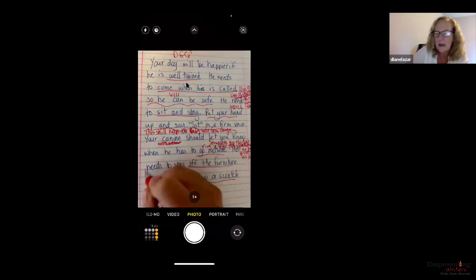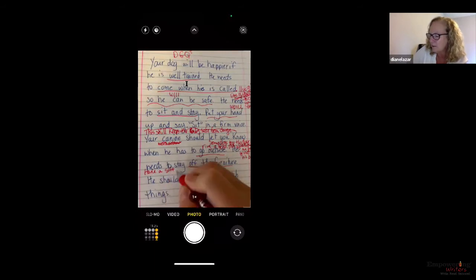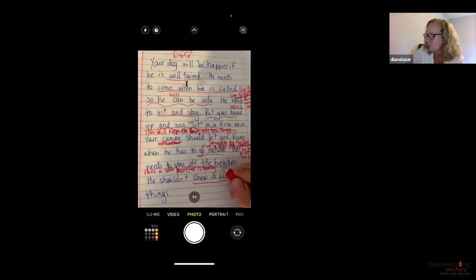Have a soft bed nearby for your pooch. This will help to keep him off the furniture.